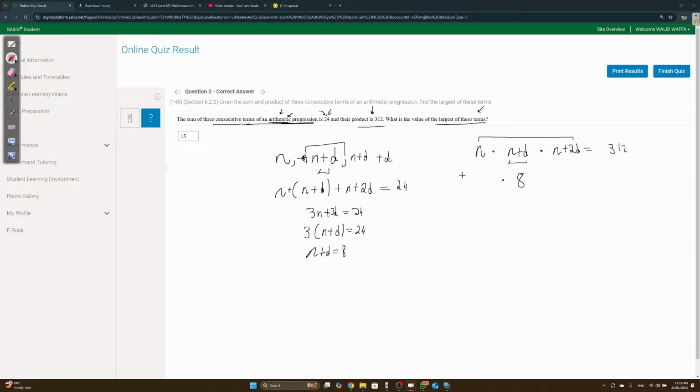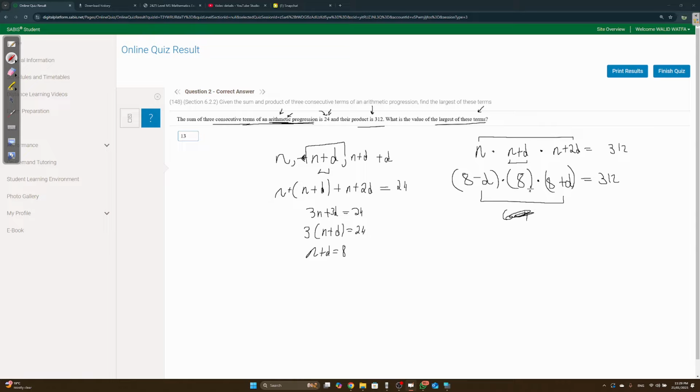Isn't n 8 minus d? Isn't it just 8 minus the difference, right? Because it comes before it. And isn't n plus 2d just 8 plus the difference? Yeah? And this is equal to 312. We're multiplying. You can multiply this out, but once you multiply, you're going to get 64.